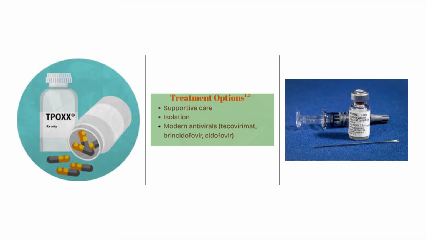Treatment options for smallpox are mostly supportive care and isolation to prevent the spread. There are modern antivirals, and there is a vaccine. If you notice, the vaccine is delivered with this interesting needle that has two little spikes.